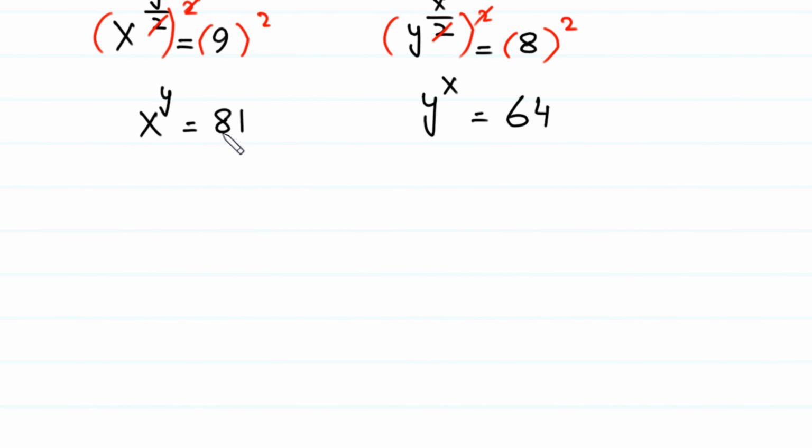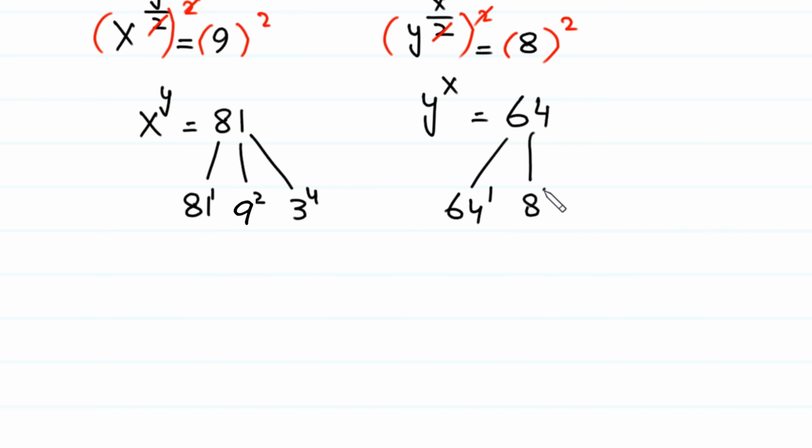Next, this 81 in the form of exponent can be written as 81 to the power 1 or 9 to the power 2 or 3 to the power 4. And this 64 in the form of exponents can be written as 64 to the power 1 or 8 to the power 2 or 4 to the power 3.